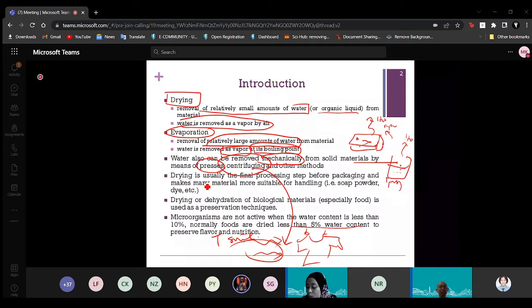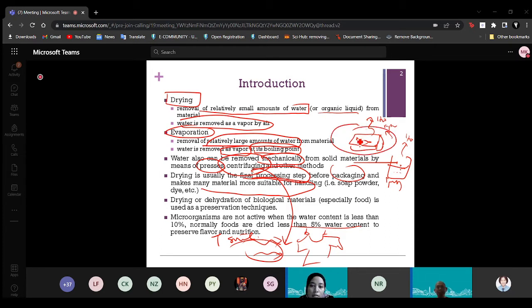Okay, so normally drying is a final processing step for packaging and makes many materials more suitable for handling for packaging. Why? When you have removed water or moisture, what happens? The mass will be less. Just imagine before you remove it, you have the mass of solid plus water. When you remove water, you are left with just the solid's mass.